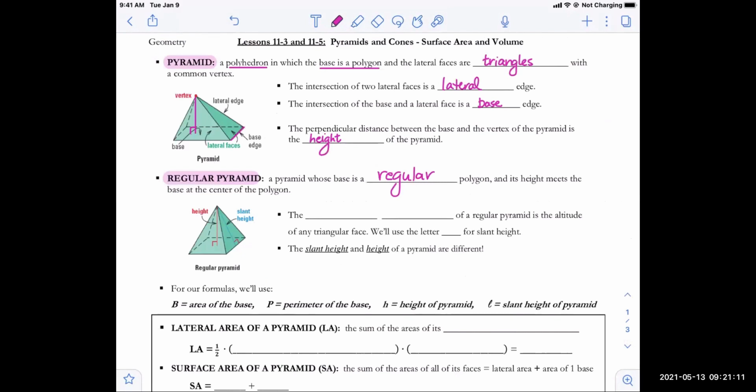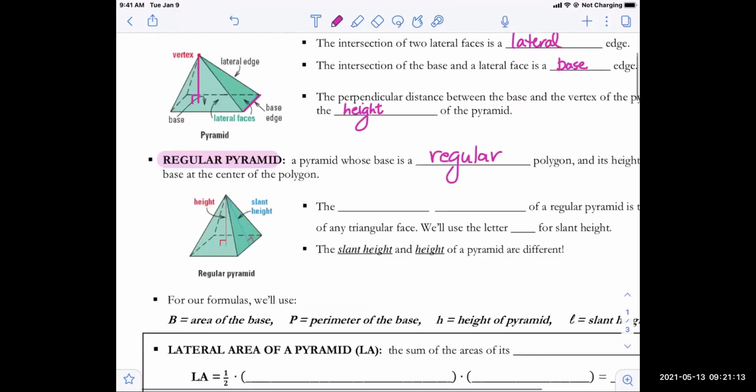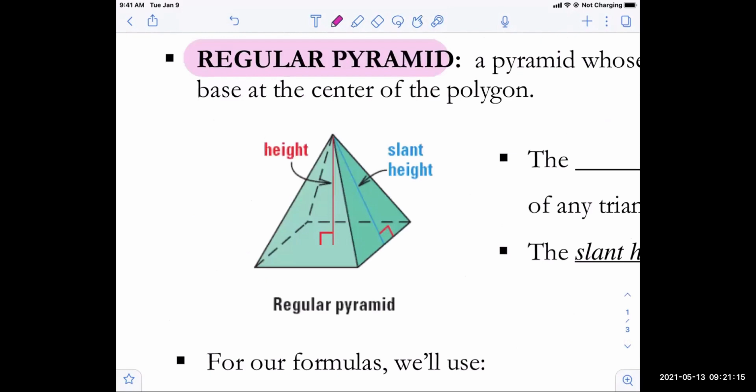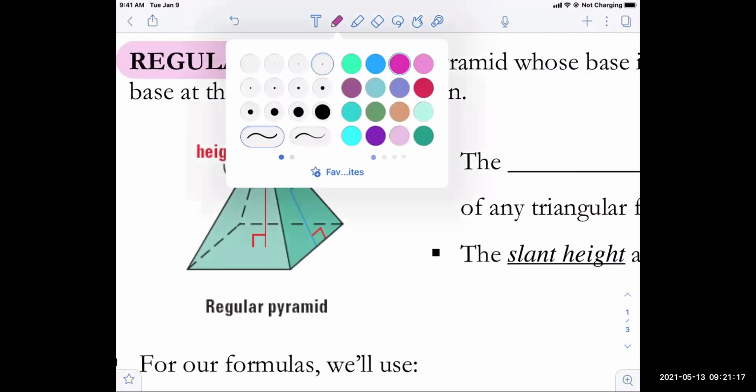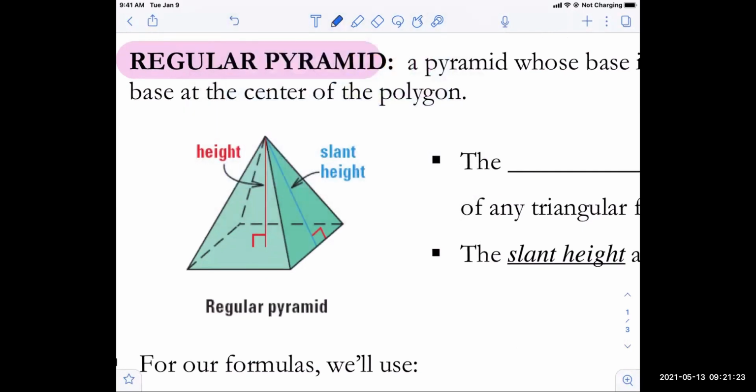Now, you can see on this picture they've got the height shown there. What's different on a pyramid is this thing called slant height. Slant height is if you were up here at the vertex at the top of the pyramid and you slid down one of the faces to the base.